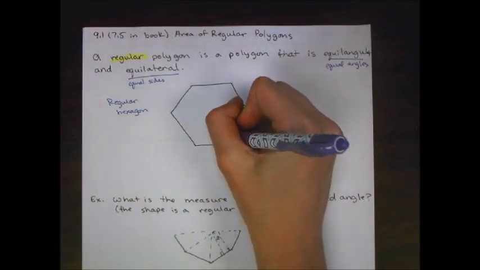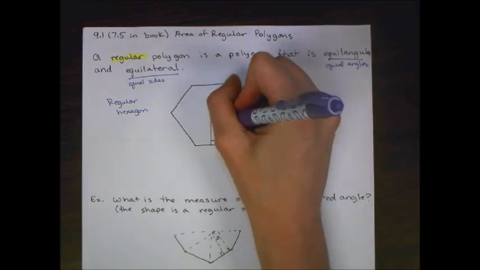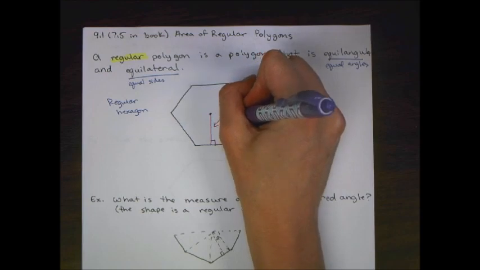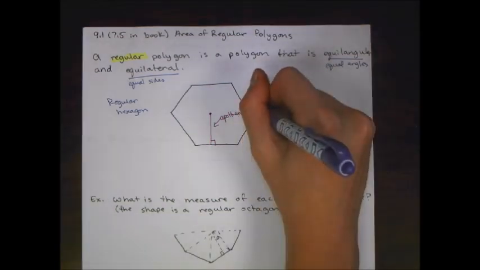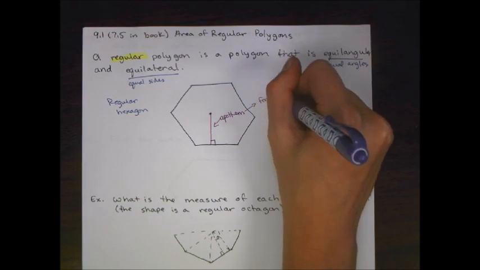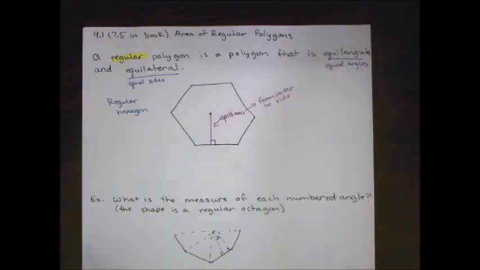From the center to the side, perpendicular, this is called an apothem. So the apothem is from the center to the side.